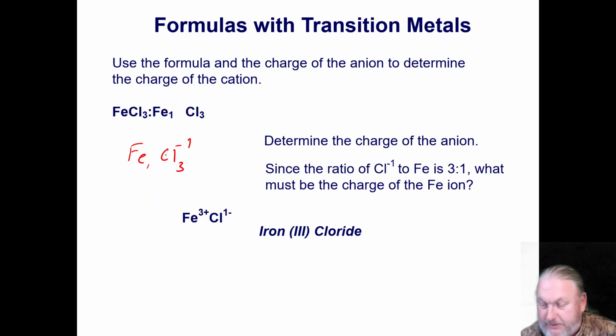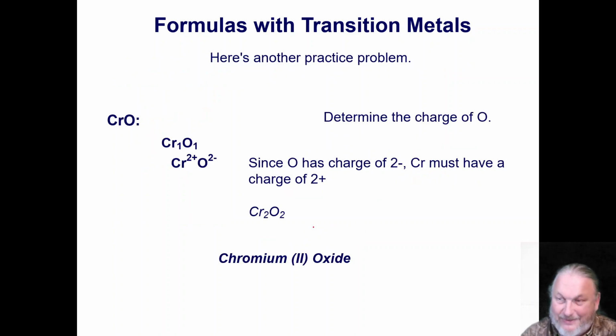So 1 to minus up there. All right, then I've got my 3 there. So that means that has to be plus 3. That's the ratio of doing it, or the reverse crisscross method, I call it. Either way that works for you is just fine. All right. So the ratio is 1 to 3. Okay. So that means the charge of the iron has to be 3. I like the reverse crisscross better.